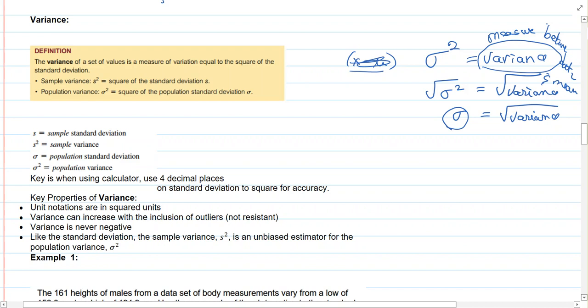I don't want to put a wrong sample in there. And this is the other part that's interesting. And it is one of the questions that you have. And you need to look at it. A small s is a sample standard deviation.